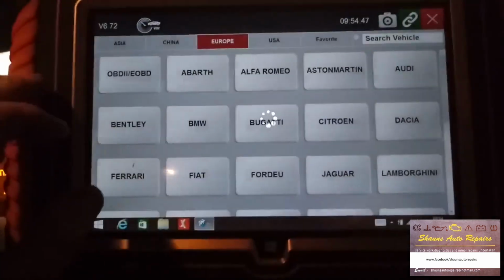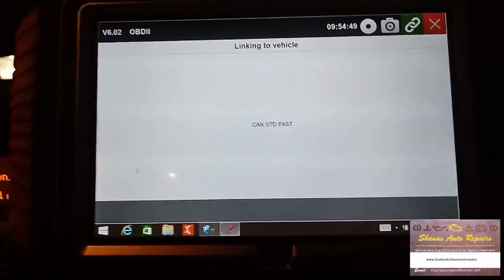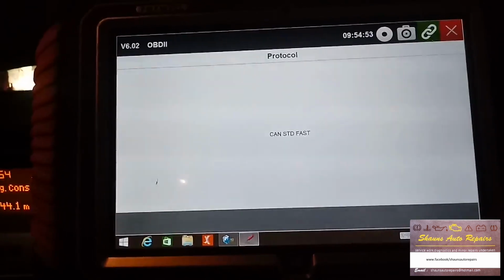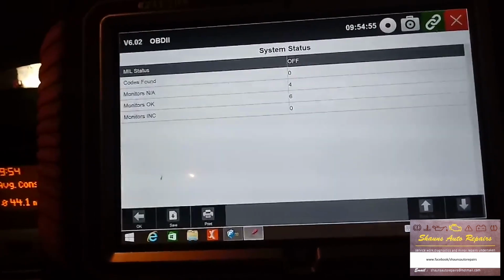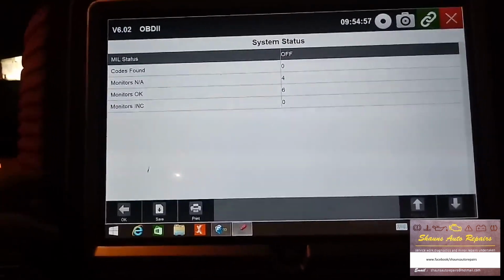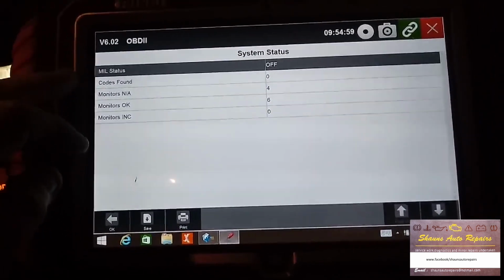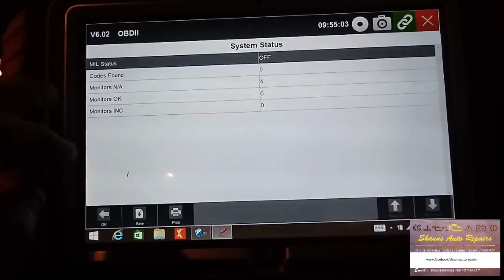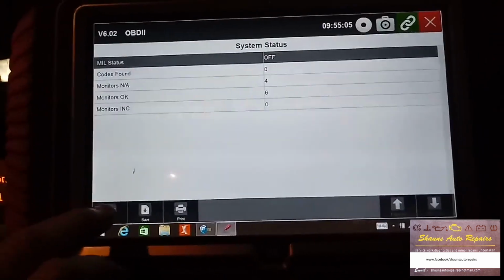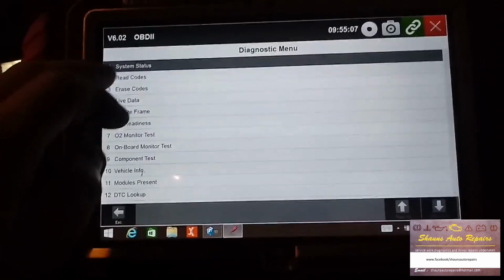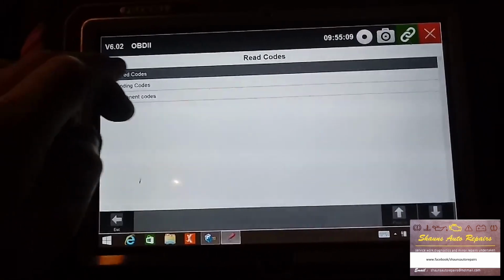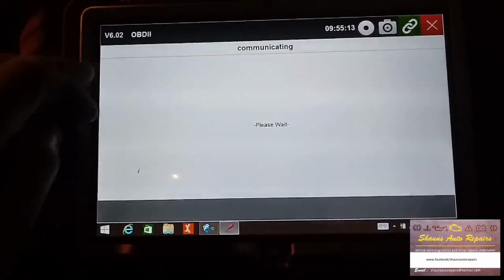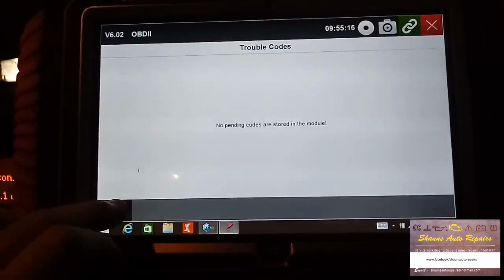Sometimes it doesn't go through first time for some reason. Right, so all the monitors are run, so that's okay. Read codes, stored codes, no codes in there, pending codes, no pending codes.